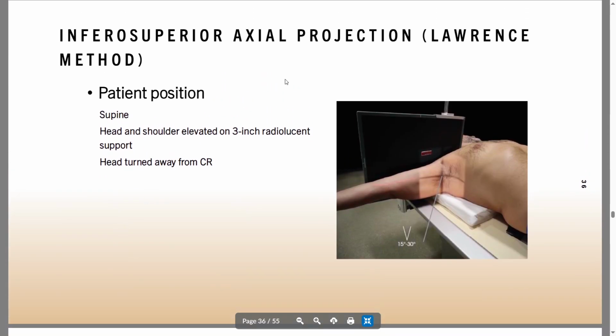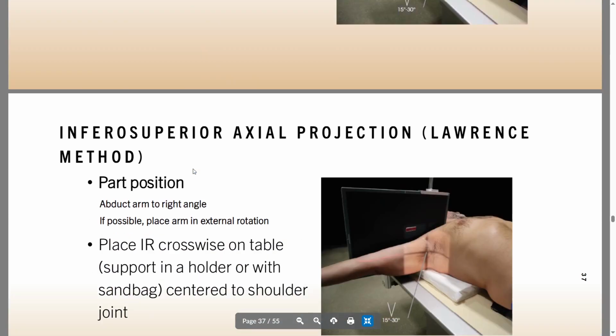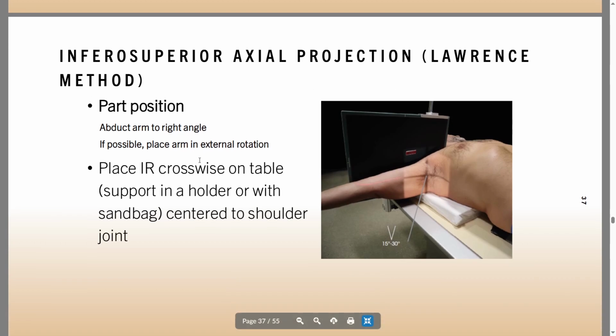The inferosuperior axial projection is also a Lawrence method. This is done supine. The head and shoulder are elevated with usually a foam board or pillow, about 3 inches. And they turn their head away from the IR. The arm will be abducted to 90 degrees.